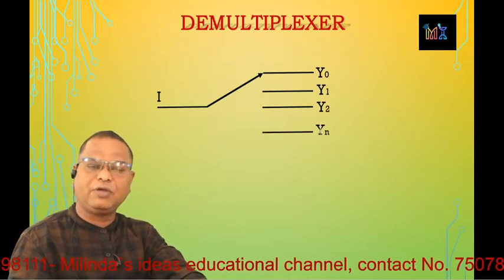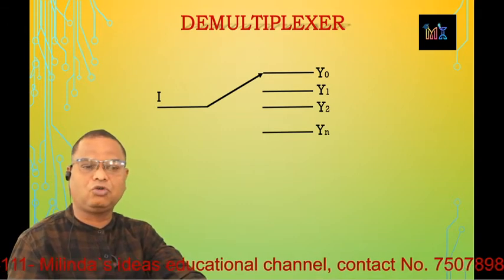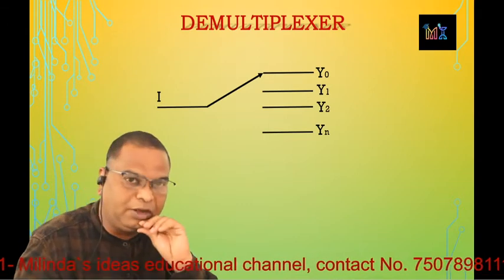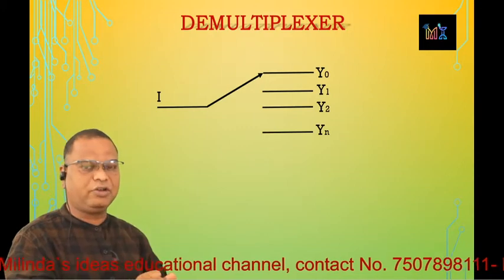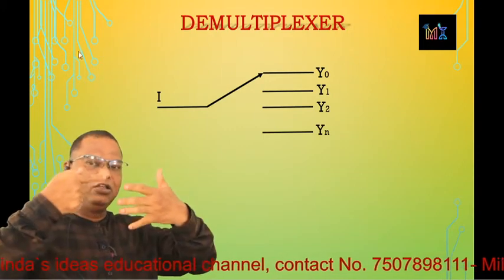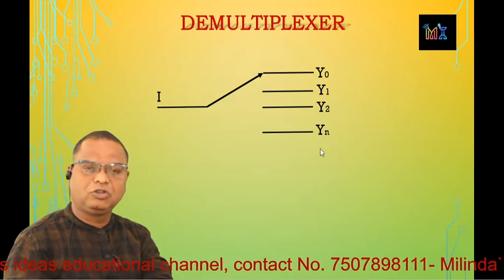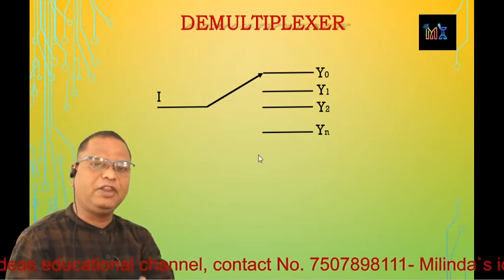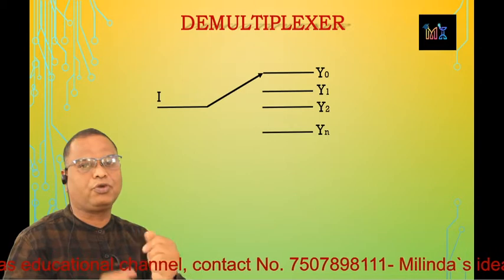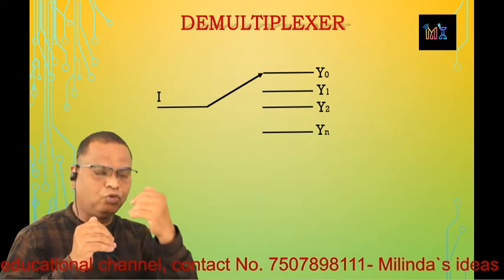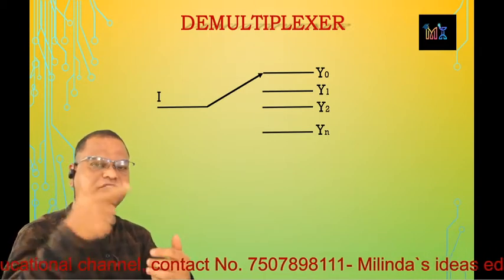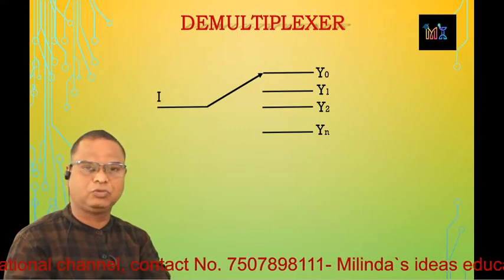So y1, y2, y3 ... yn are the output terminals to which that input data should be connected by using that terminal. So single pole many way switch is used to select the output terminal to which the input data should be connected.